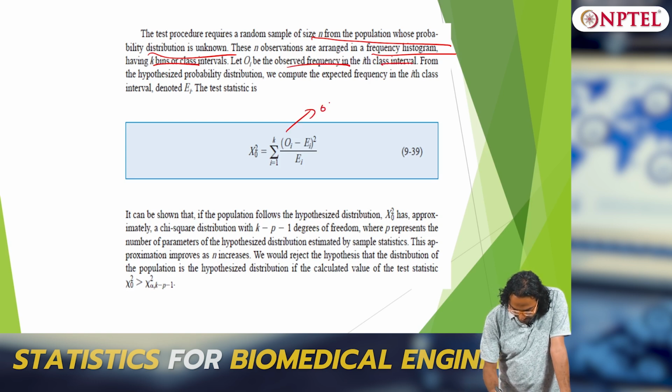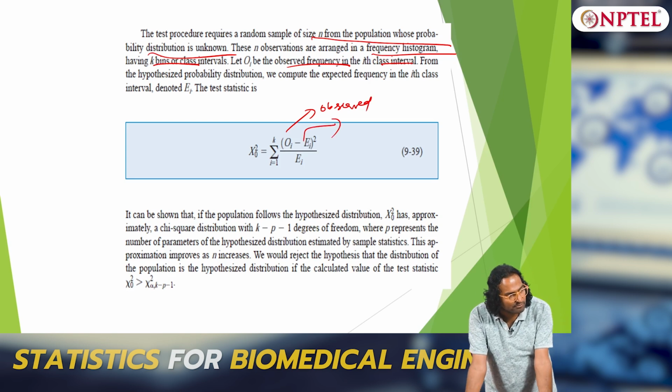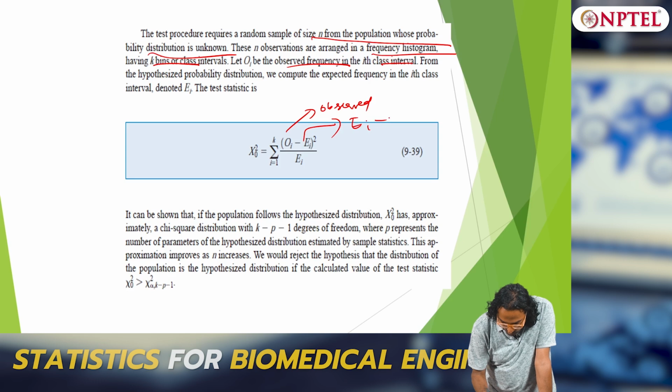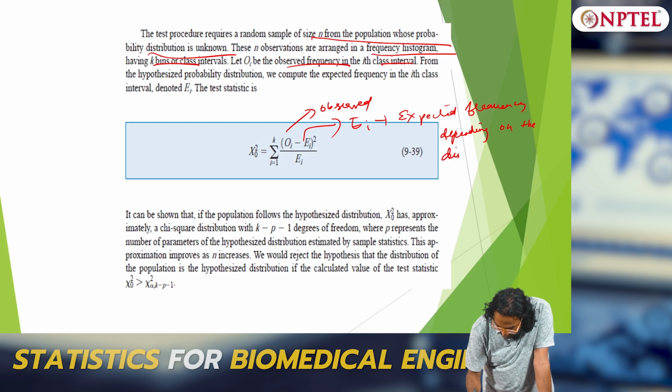So Oi is the observed, and what is Ei? If Oi is the observed in the ith class, what is Ei? Expected frequency, depending upon the distribution that we assumed.